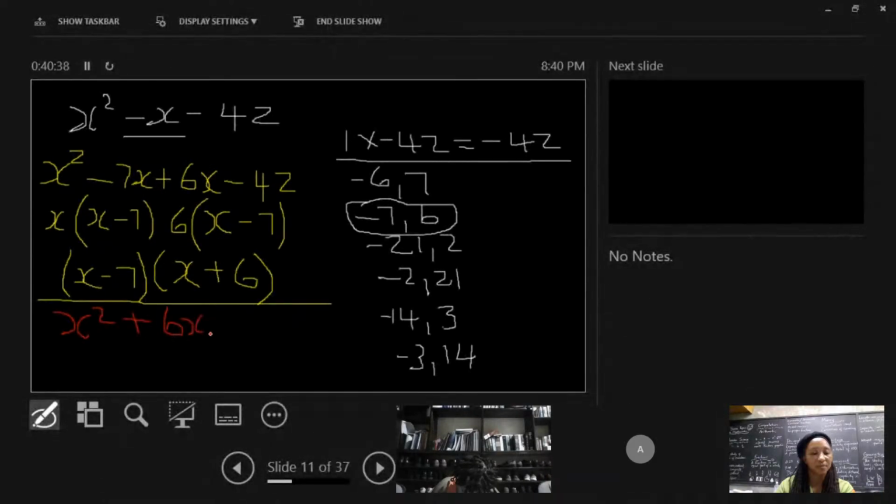And this would be negative 7 times x, which would give you negative 7x. And negative 7 times negative 6.